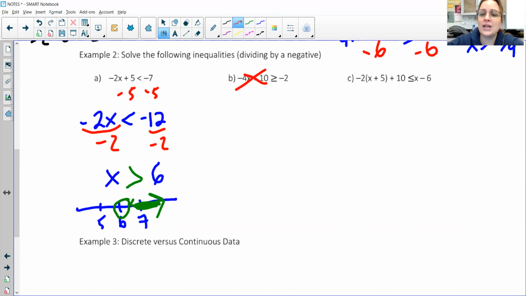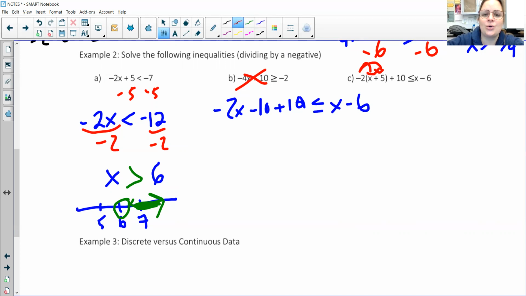Welcome back. So the first thing we're going to do with C is expand those brackets and simplify our left and right side as much as possible. So I'm going to multiply everything by that negative 2x that is in front of the bracket. So negative 2x minus 10 plus 10 is less than or equal to x minus 6.